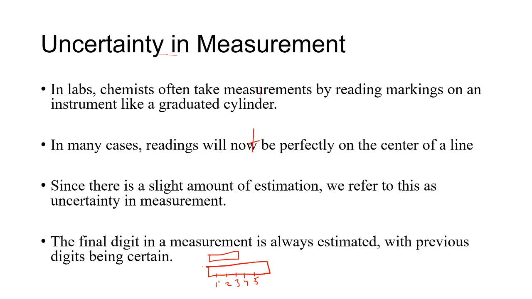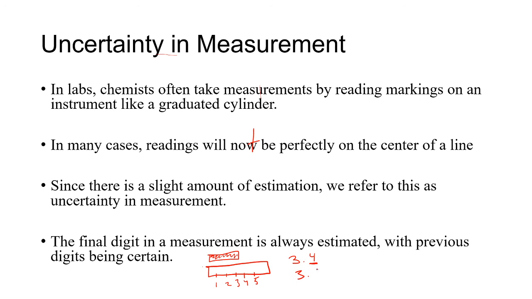Now I can tell, looking at this object here, this is the object I'm measuring, I can tell that this object is definitely past 3, and it's definitely not past 4. So I'm certain it's 3, right? But 3 what? Well, given this picture, it looks like it's around maybe 3.4. That 0.4 is a total estimate, right? I'm not certain if it's 0.4.